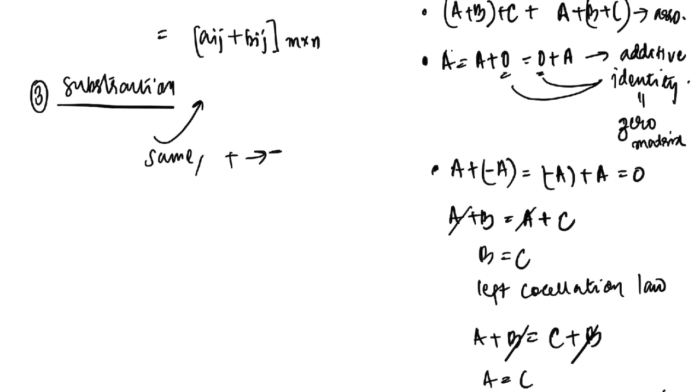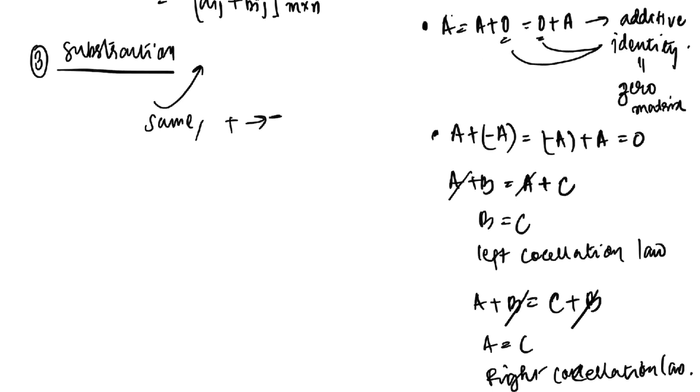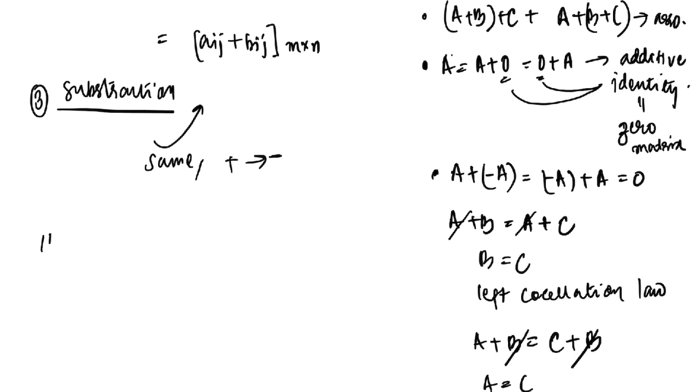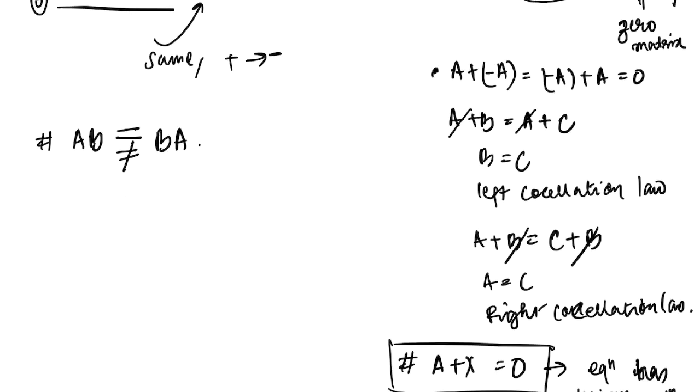Now यहाँ पे एक चीज़ याद रखना, which I would like to say is, पहले भी बोला था but I have not written it down, so I'm just saying AB can be equal to or not equal to BA, it depends, okay?